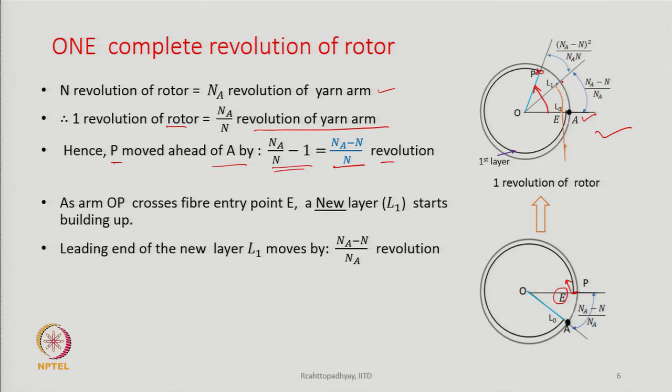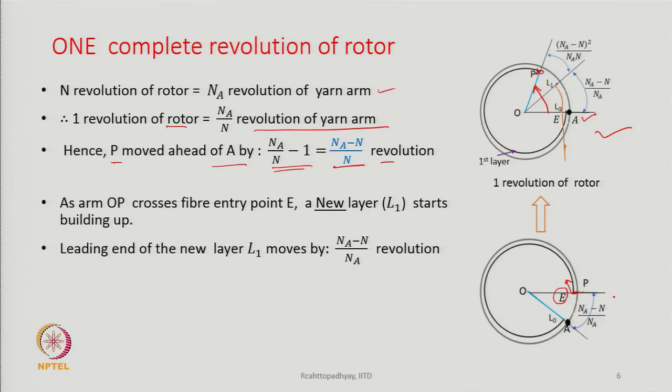Now, how far will the L1 front end be from A, or A is the reference point on the rotor, A has made one complete revolution. This will be exactly equal to how far A was behind P when P made one revolution.